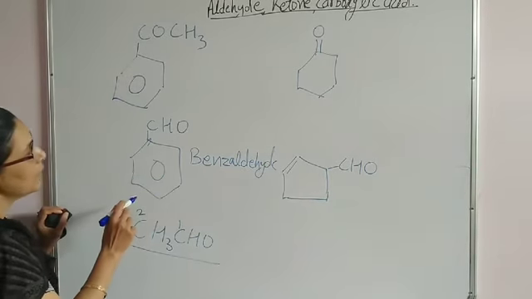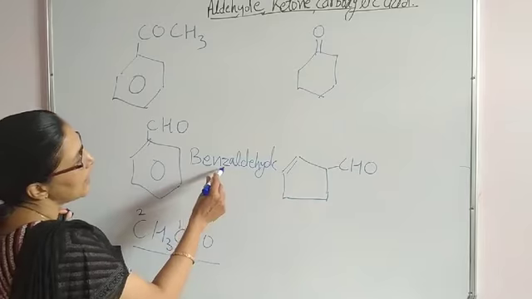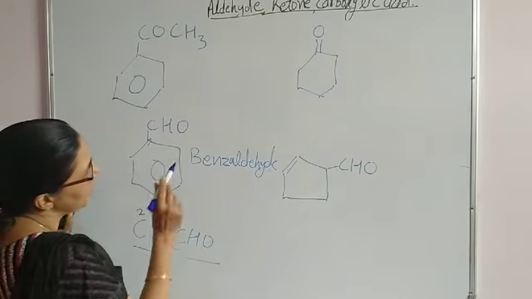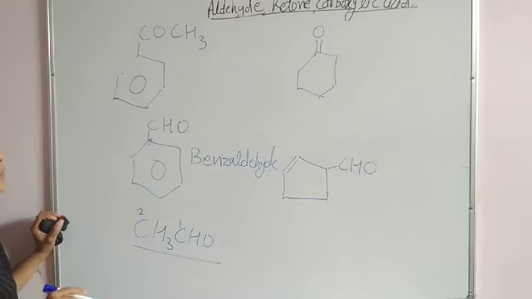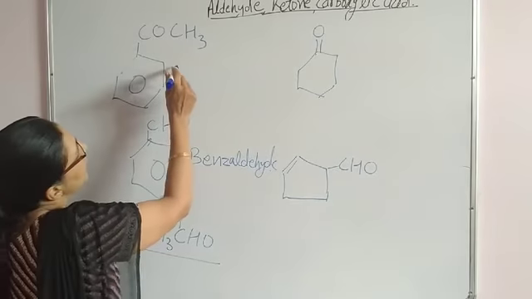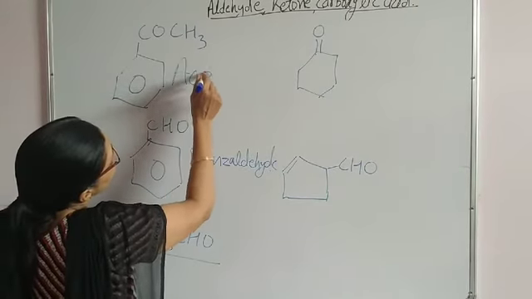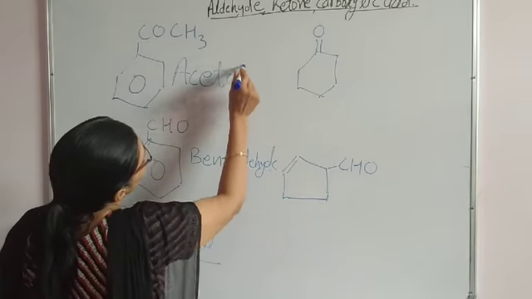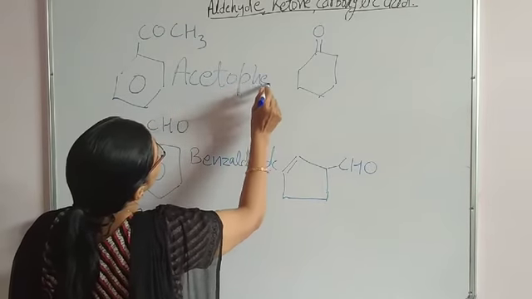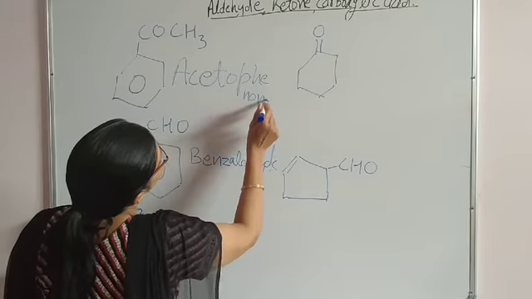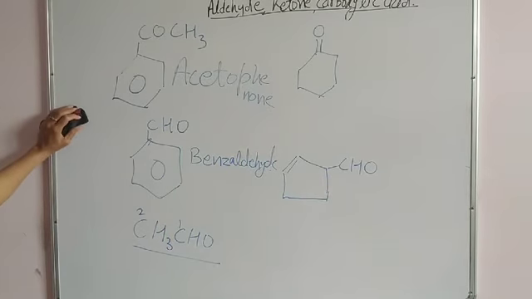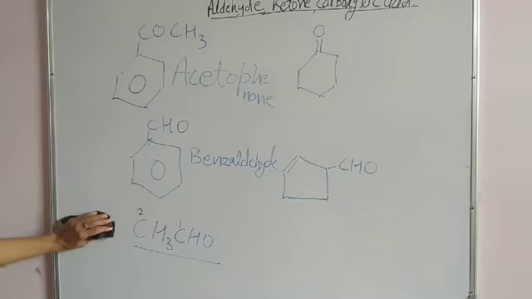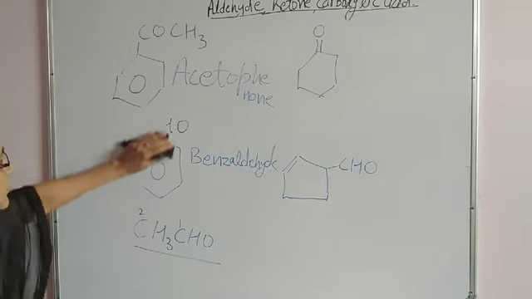As you know very well, if IUPAC has accepted this benzaldehyde, then there is no need to go for another IUPAC name. In the same manner, this is known as acetophenone. You need to learn these IUPAC names related to the benzene ring. This one is benzaldehyde. This one is acetophenone.